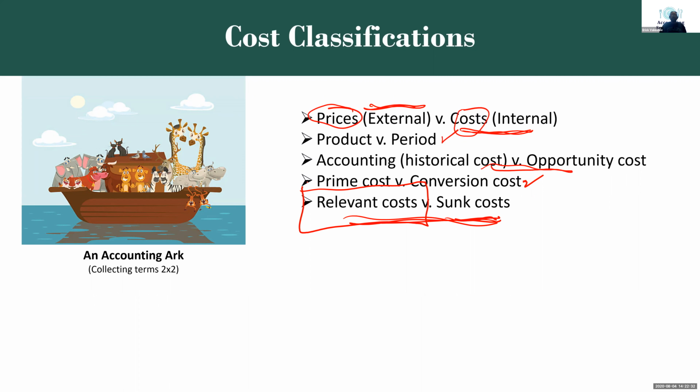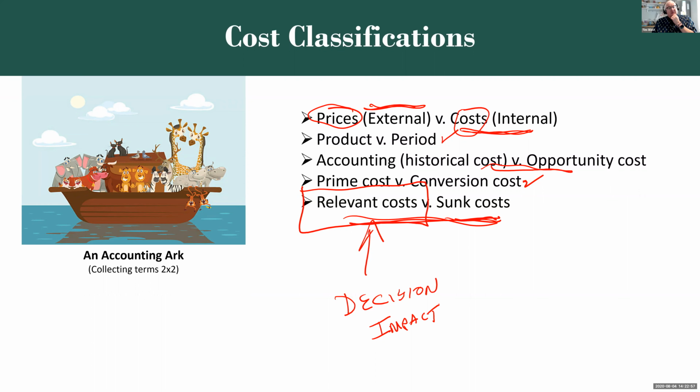A relevant cost is a cost that is useful in a decision-making process. And again, we talked about sunk costs, and sometimes I said that if it doesn't change, it doesn't matter. That's more important with relevant costs than with sunk costs. Of course, sunk costs can't change because they have already been incurred.